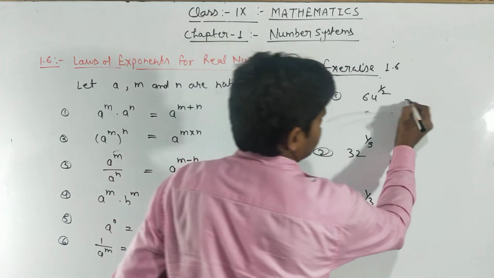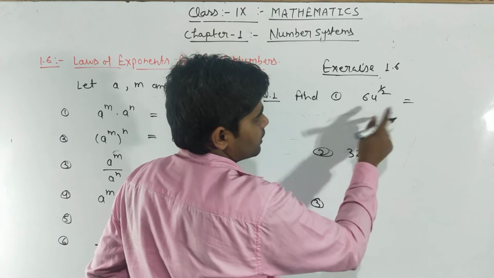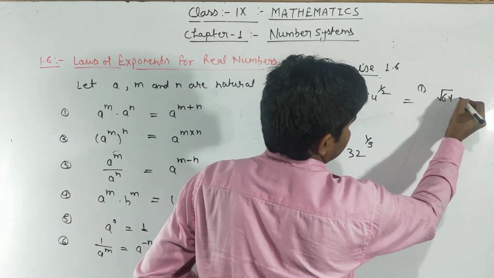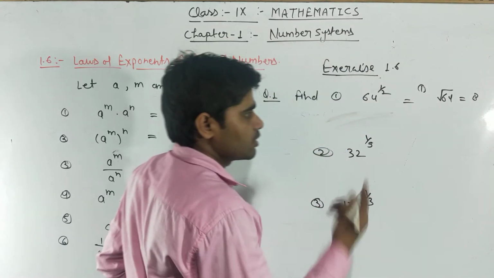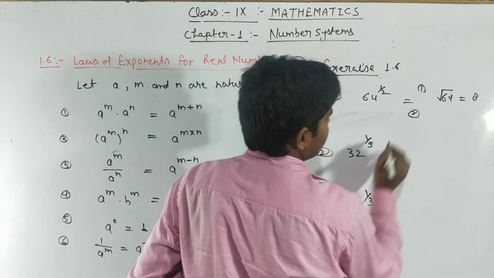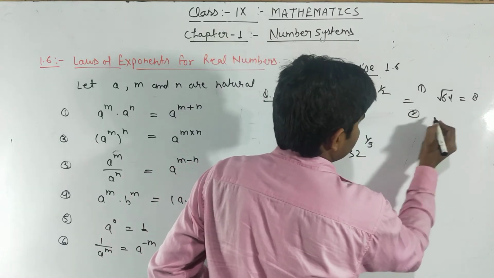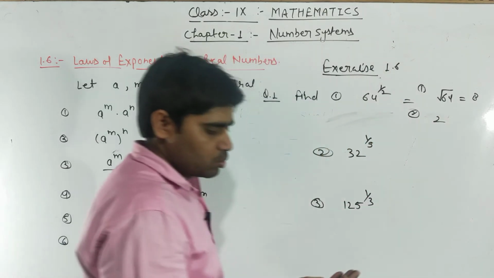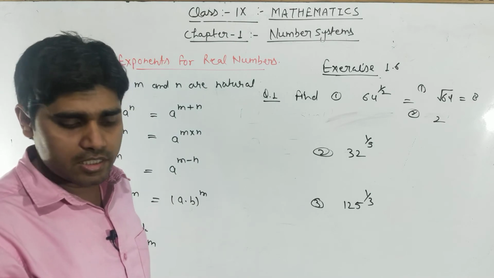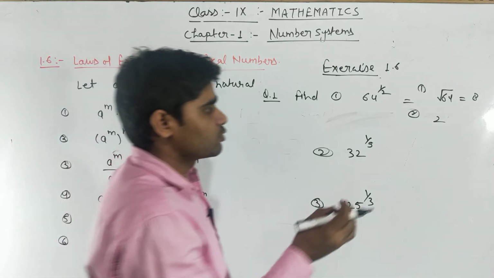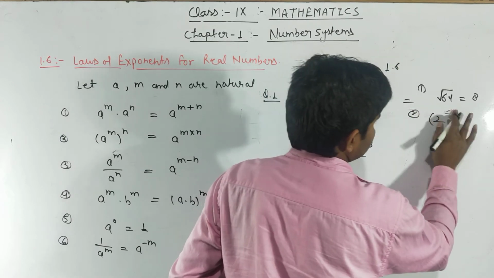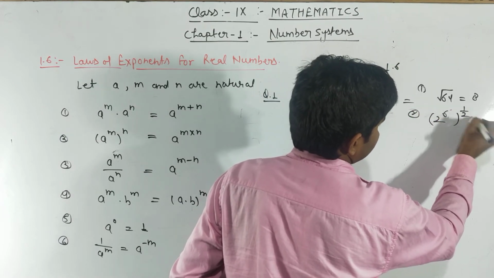See here, first method: you can write this as root 64. Root 64 is equal to 8. Second method: you can write 64 is equal to 2 raised to the power 6, then power 1 by 2.